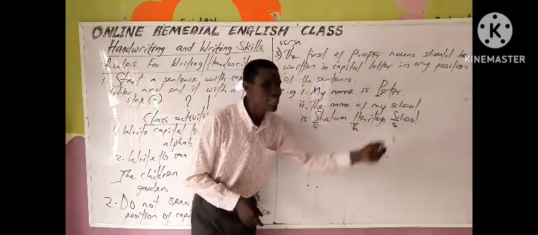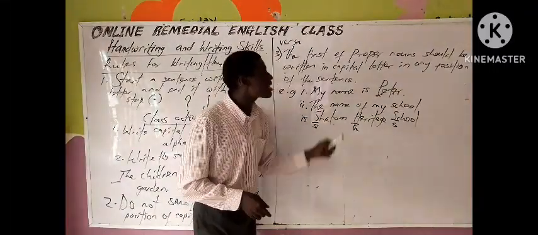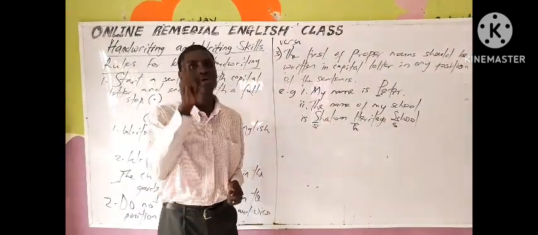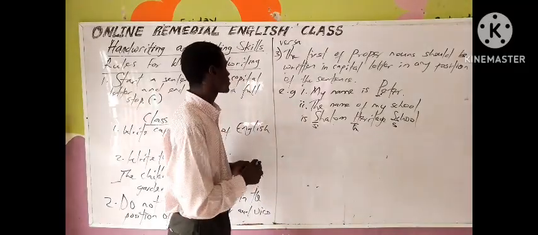Please take note of this. It will not be good that you are making this mistake and you are losing minus half mark because of capital letter and small letter. Please take note of that.